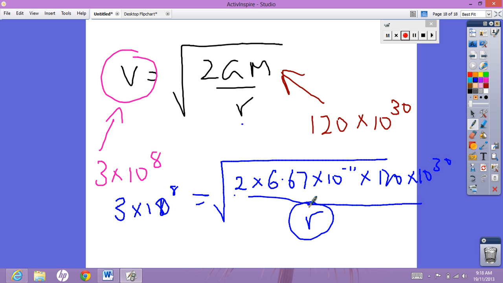So the first thing we're going to do is square both sides to get rid of the square root, and then we will make R the subject. And the value of that is given in the answers on that sheet.